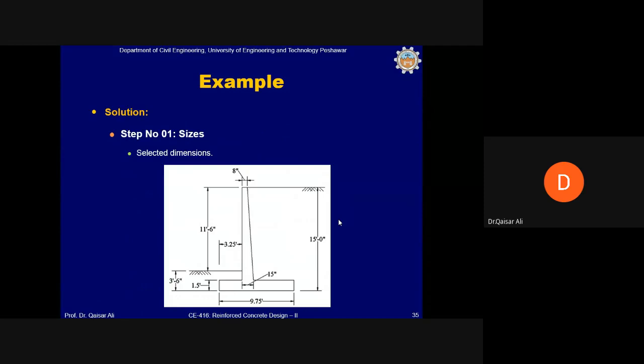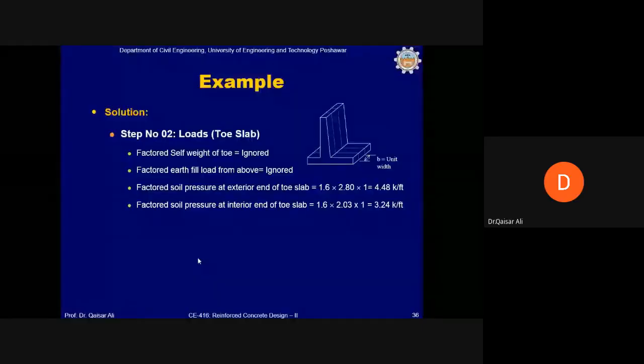For structural adequacy, it is important to calculate loads on different parts of the retaining wall. First of all, we will calculate load on the heel and the toe. We will ignore the weight of the toe, because the weight of the toe or the weight of the soil on the toe will act downward, and the soil pressure acts upward and will give us the bending moment at the junction of the toe and the arm.